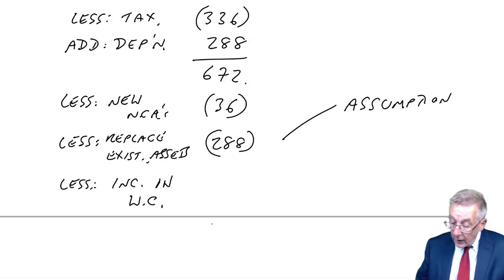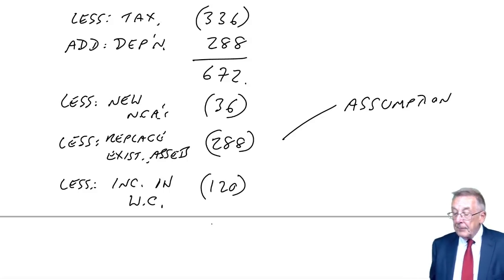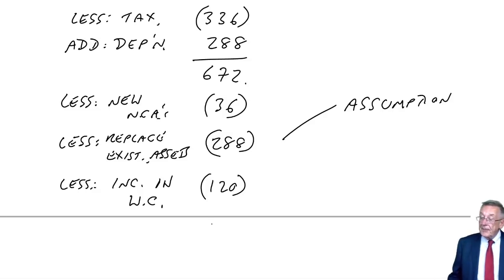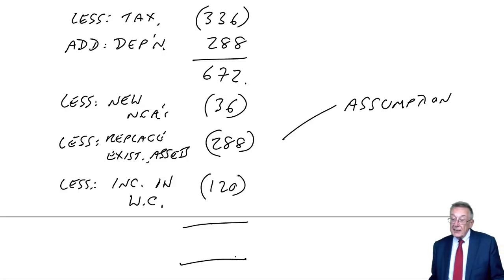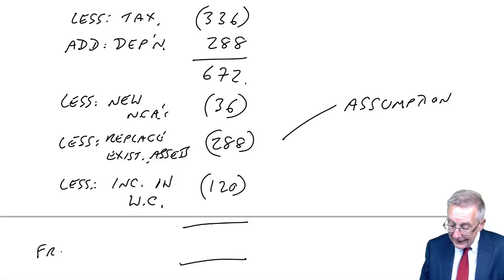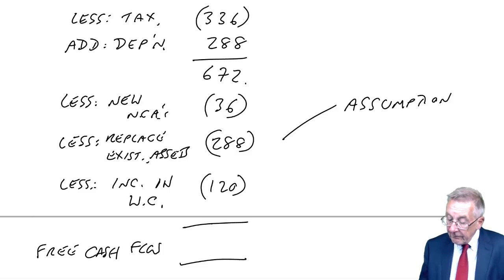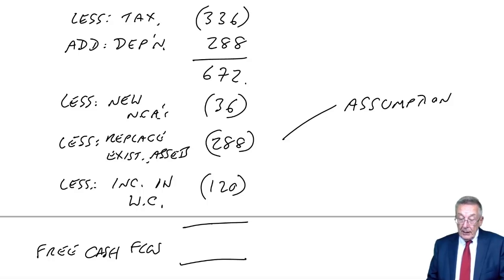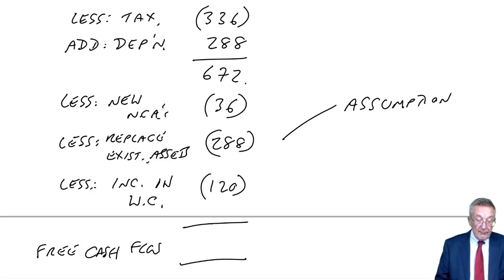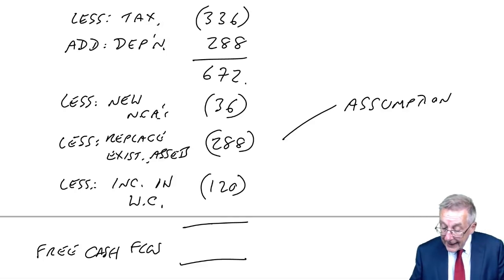And here it's 120. So again, that takes cash. It means that the cash left available for equity and debt, or the free cash flow, is 672 minus 36 minus 288 minus 120, 228.